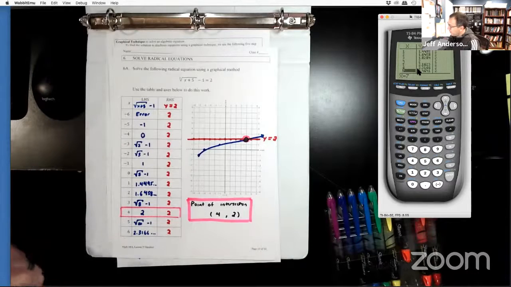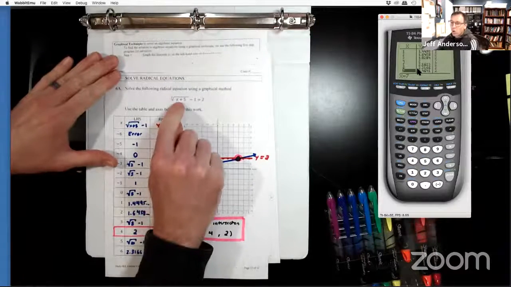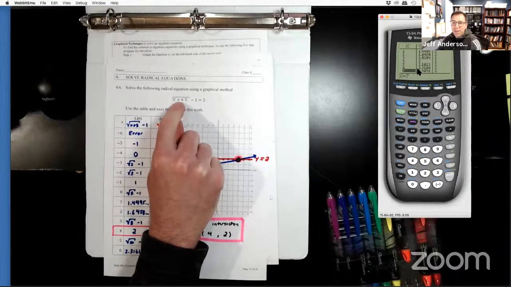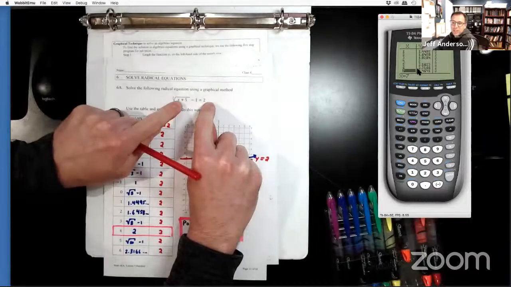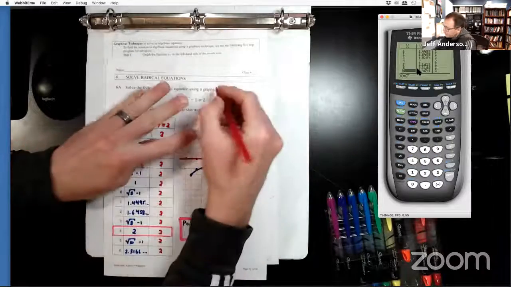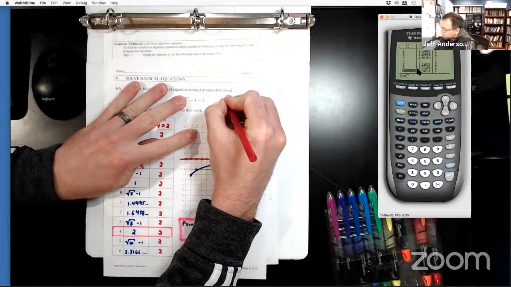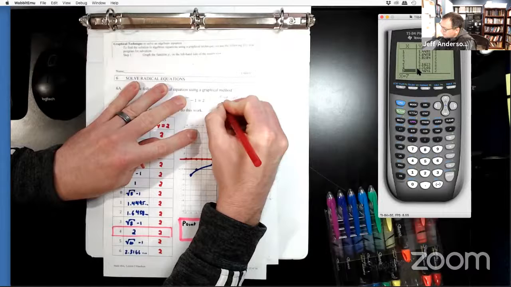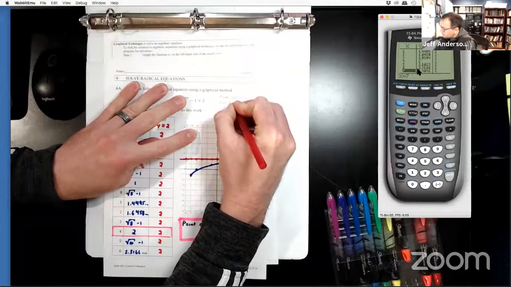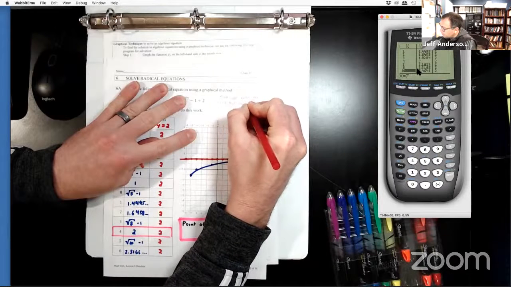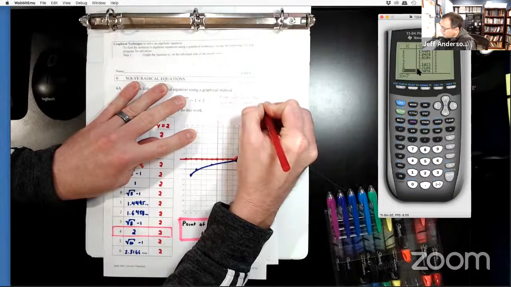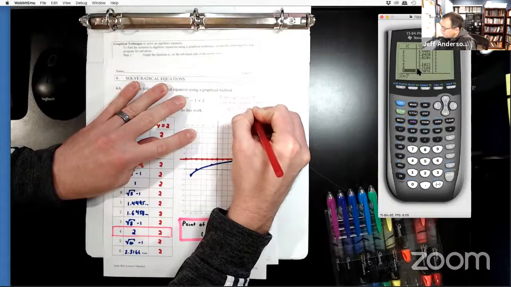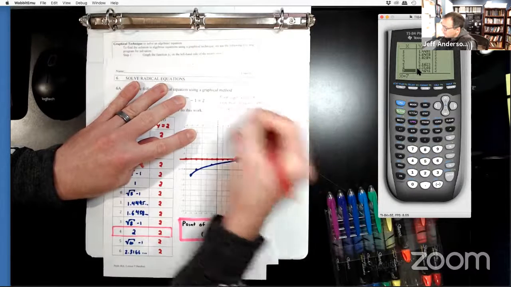And then remember, in our graphical method, when we're trying to solve this equation, we're literally trying to find the input value x that makes the left-hand side equal to the right-hand side. So another way to say solve this equation is find input value x such that output on left-hand side is equal to output on the right-hand side.